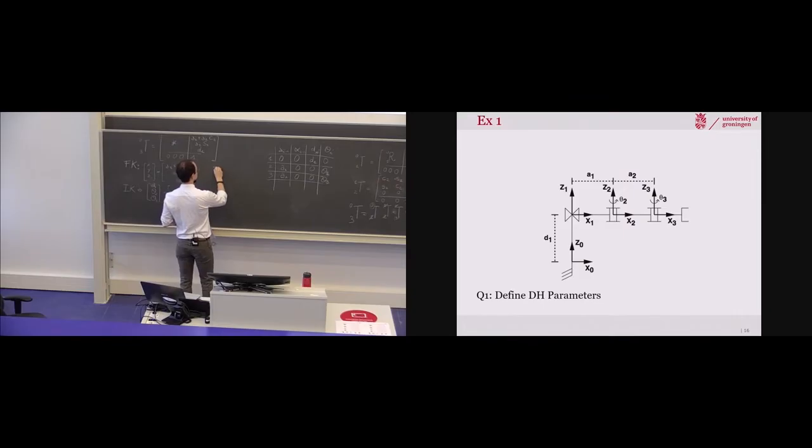So x minus a1 is equal to a2 cosine of theta 2. Okay, and then we have the other one, that is y is equal to a2 sine of theta 2.